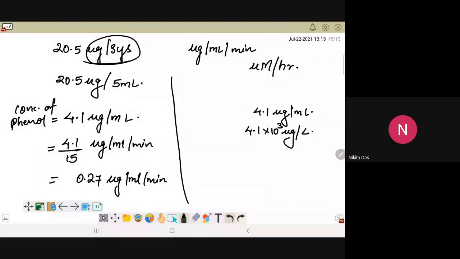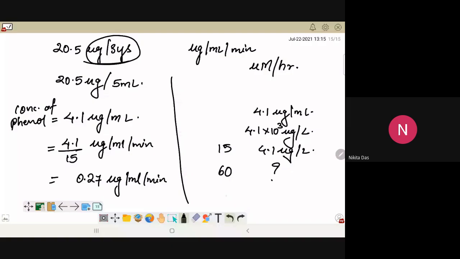I know that for 15 minutes it is this much. So for 15 minutes it is 4.1 micrograms per liter. So how much is it going to be for 60 minutes? It's going to be 4.1 into 60 by 15, which is nothing but you are going to multiply by 4. So what will be your answer?